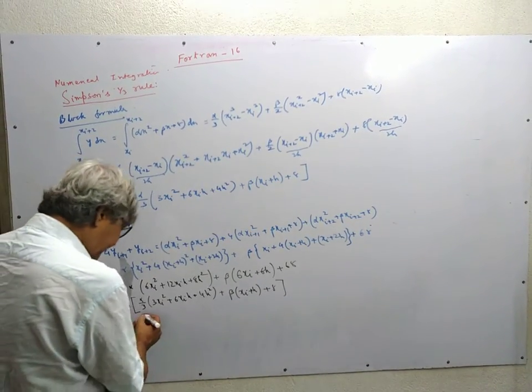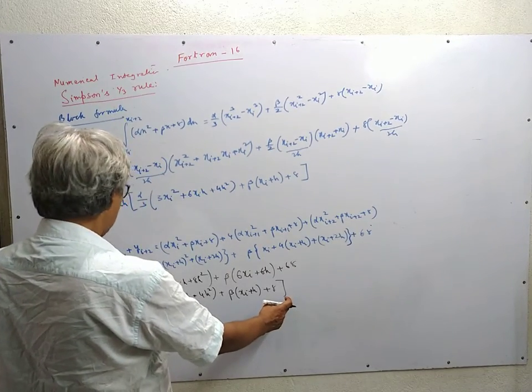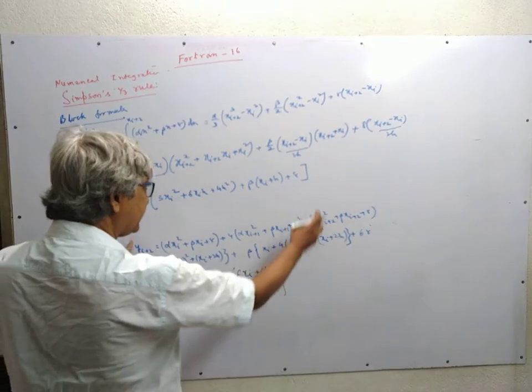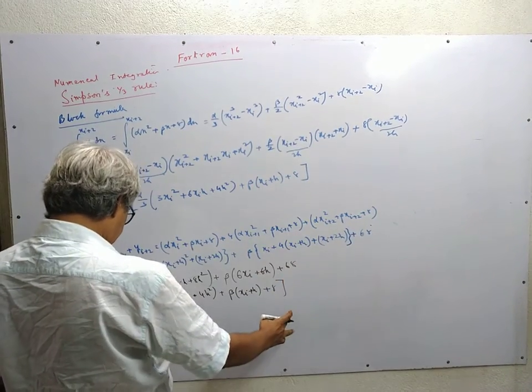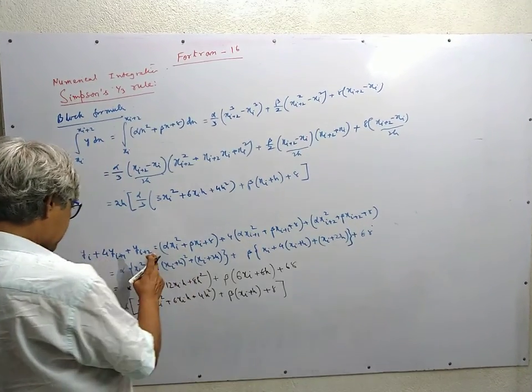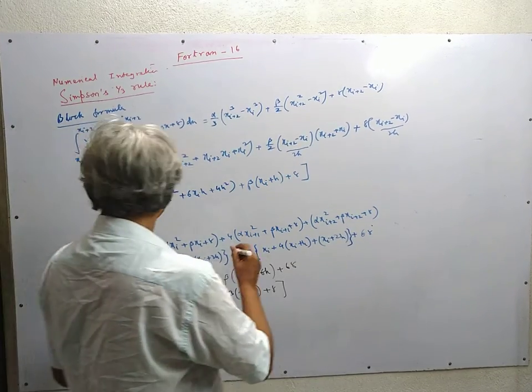This quantity within the third bracket is exactly equal to this, so we can write it as this divided by 6.